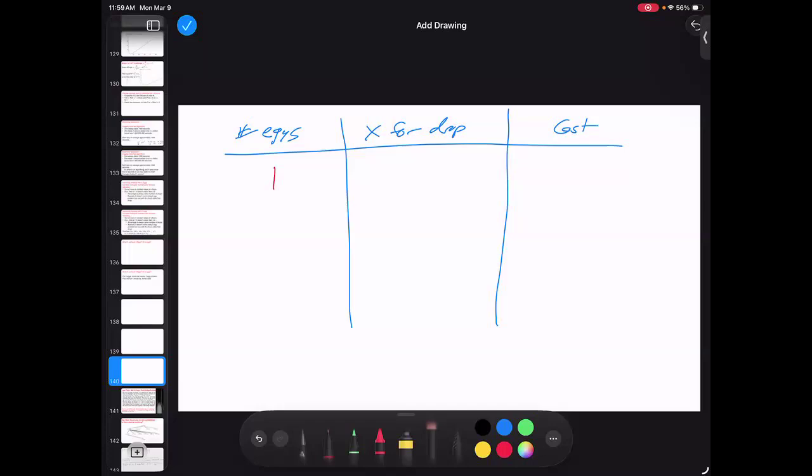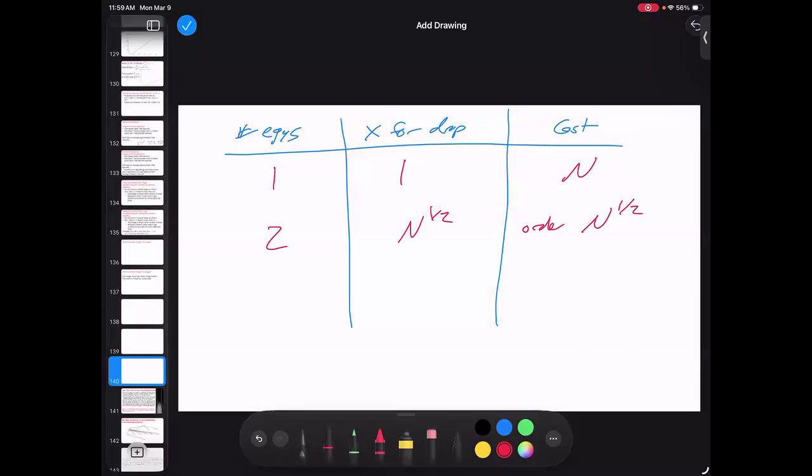So x equals 1, and the total cost is n. When there are 2 eggs, we drop it at... no, we did better than that. Oh, the square root. So it was n to the 1/2, and the cost was basically on the order of n to the 1/2. I'm not worrying about the constant in front of n.